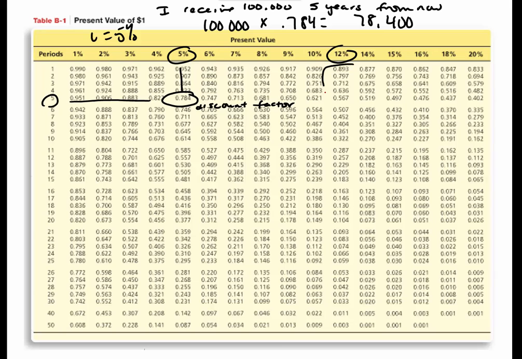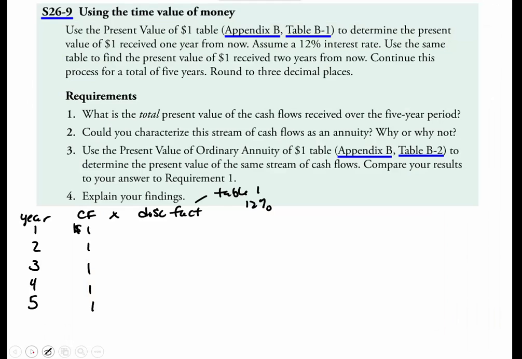So these right here, Table 1, 12%, years 1 through 5 is what I'm going to copy over here, okay? I'm taking these straight off of Table 1, the 12%. So the discount factor for 1 year is 0.893. For year 2, it's 0.797.